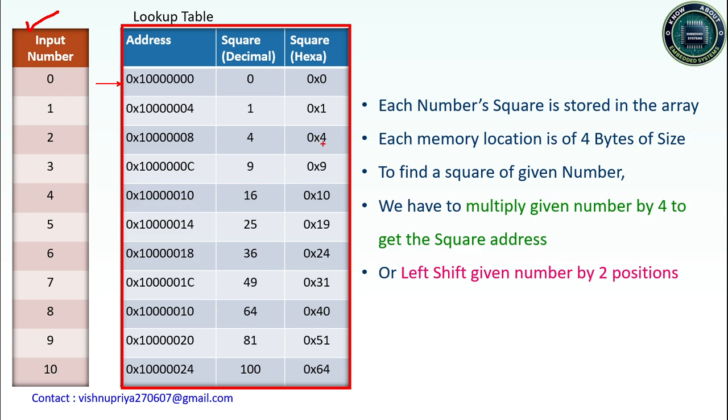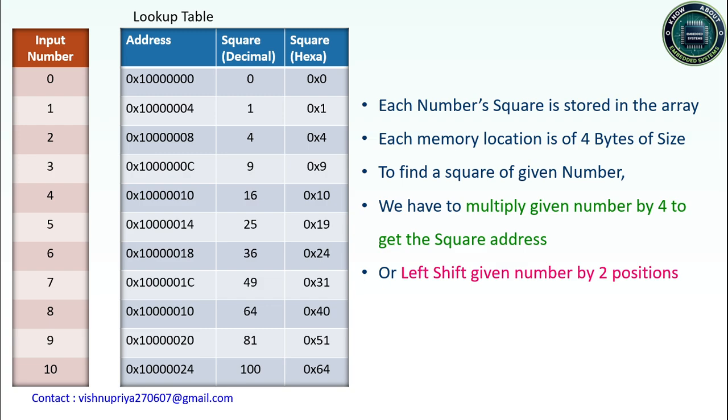So you should also know one more important thing, we have to save this data in a hexadecimal format for easy understanding. Square of a number in hexadecimal, so I'm going to save in a hexadecimal format. First thing. Second important thing is, if you observe here, each memory location address, we're going to save these squares in consecutive memory locations.